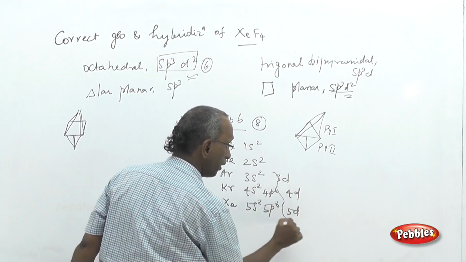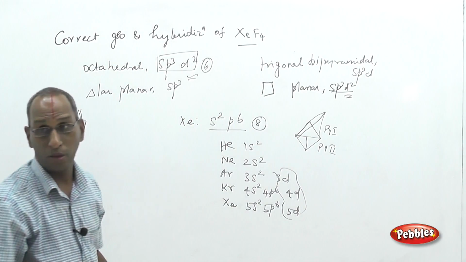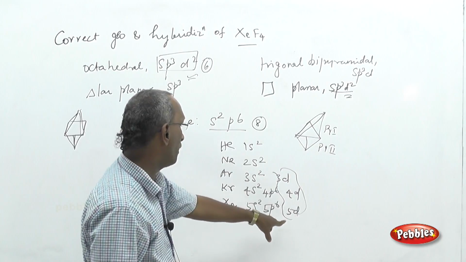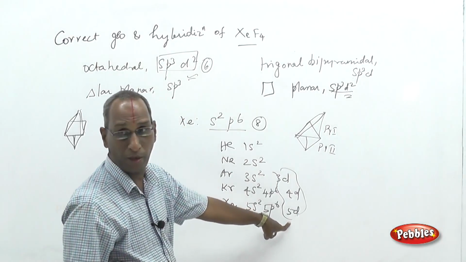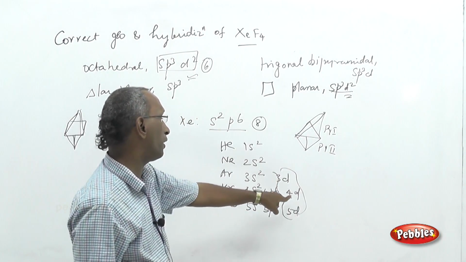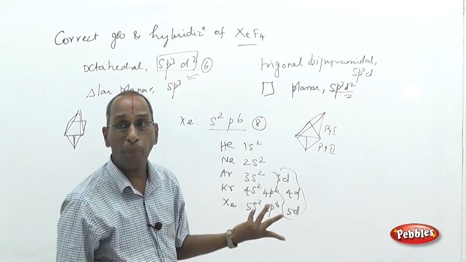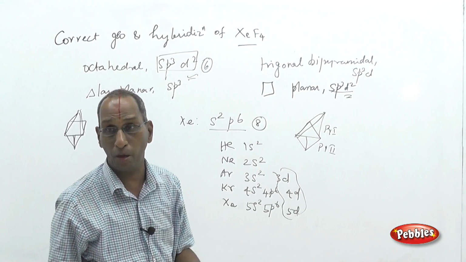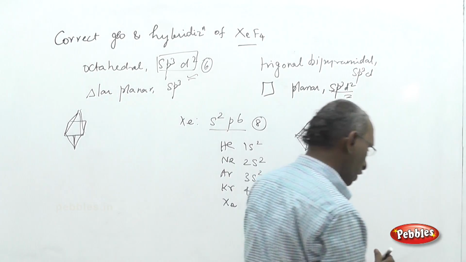But here the d orbitals are empty, and that is to be noted. The 5th shell will definitely contain d orbitals, and the 4th shell will definitely contain d orbitals, but the orbitals will not have electrons. That is called unfilled or vacant d orbitals.